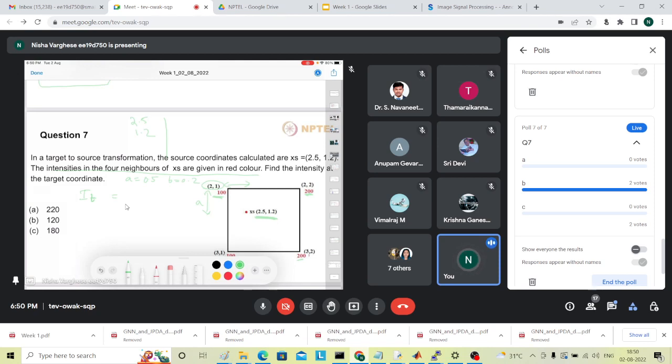So the intensity at the target position will be (1 minus A) into (1 minus B), so 0.5 into 0.8, into the intensity at the corner 100, plus (1 minus A) into B into this corner 200, plus A into (1 minus B) into the bottom corner, then A into B into the last corner.